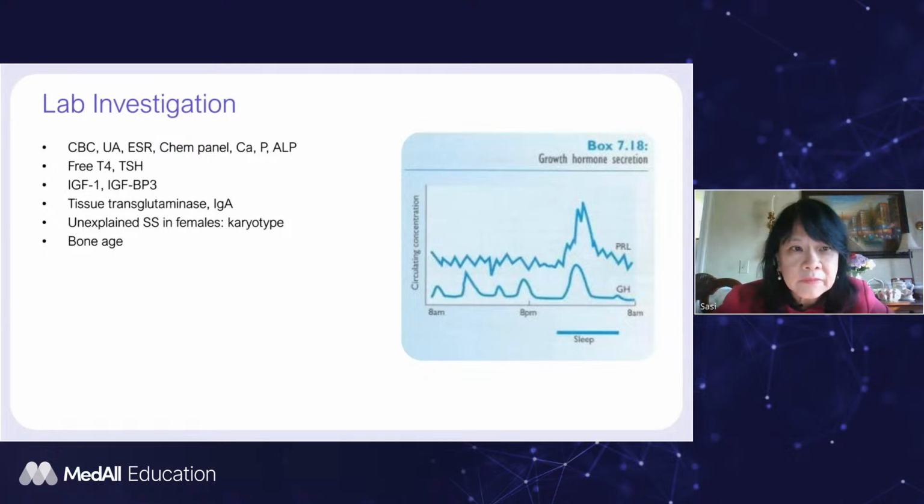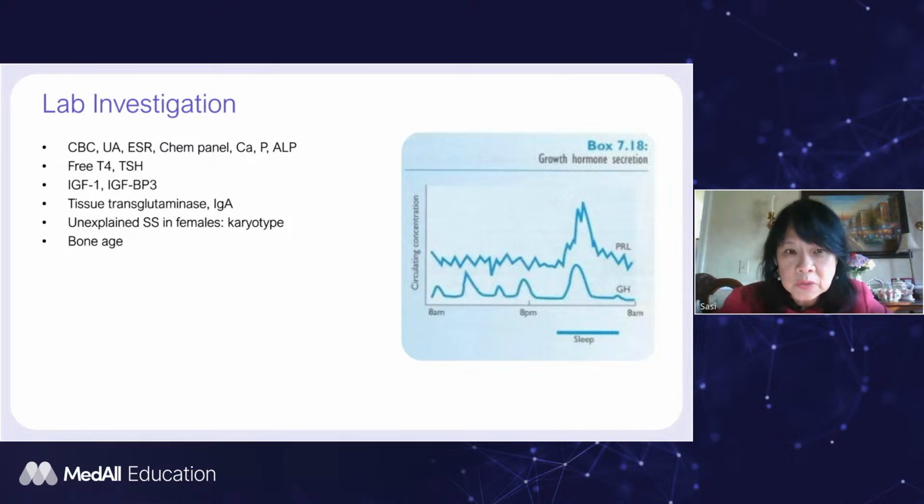So here's a list of lab investigations that we typically do when we assess a child with short stature or poor growth. We want to check a complete blood count to make sure that the child doesn't have anemia. We do urinalysis and ESR. This is mainly to screen for Crohn's disease or any systemic inflammatory disease that can result in poor growth.